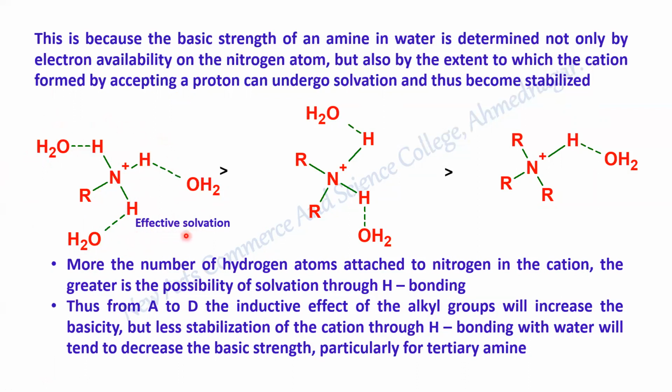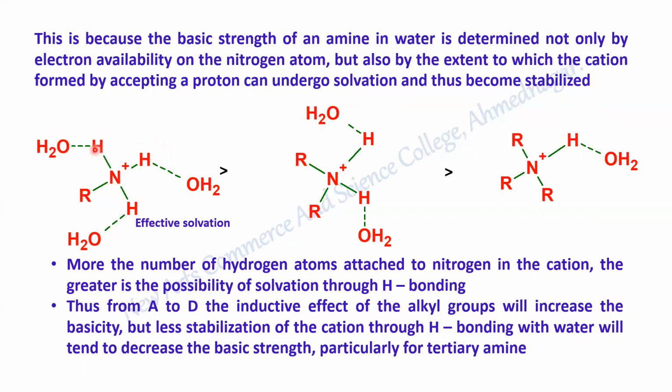So we call this effective solvation. What is solvation? Solvation is responsible for the stability of this nitrogen cation. This cation is stabilized because water molecules solvate the cation. Because of this solvation, the stability of this cation increases.